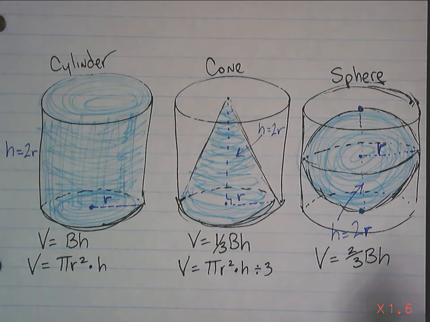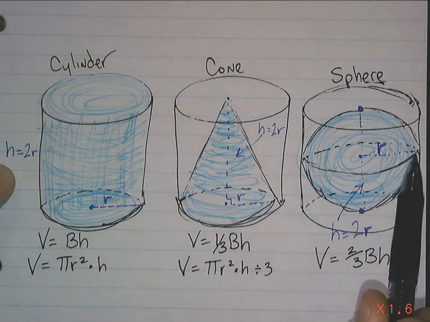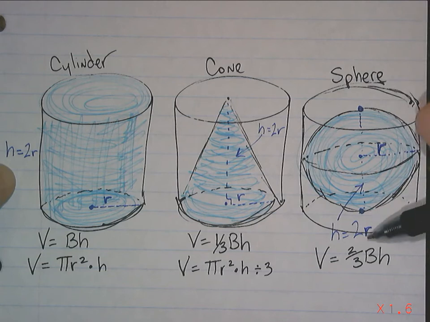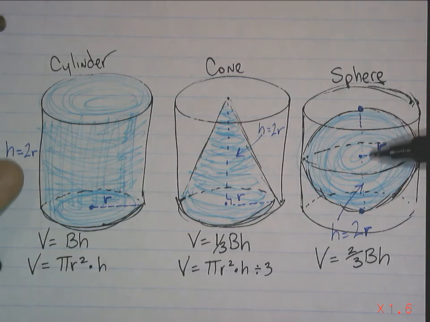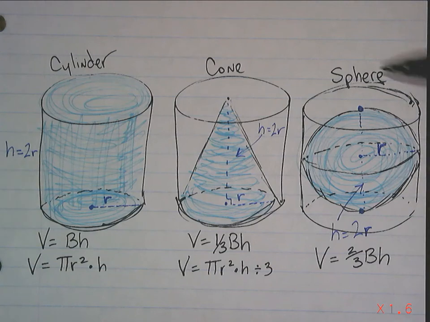Now, what I did was I used the book's example here. Let's say that this is the radius, and this is the radius. Let's say that the height of the cylinder is 2 times the radius. It's twice the length. For example, if the radius was 4, the height would be 8. Just think of a ball.